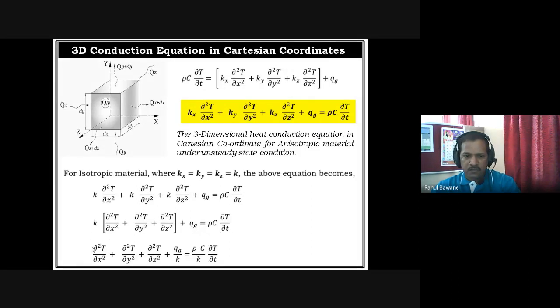Now dividing both sides by K, this K gets cancelled. Here we get Qg upon K and rho C upon K.